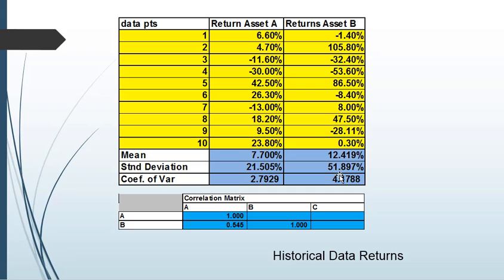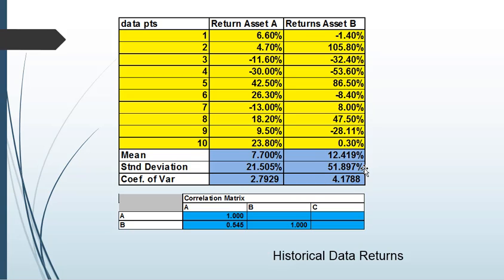So a question is, does the risk-return relationship seem to fit? Well, 12.4% is obviously higher than 7.7, and it is riskier, so it looks like it is in play.